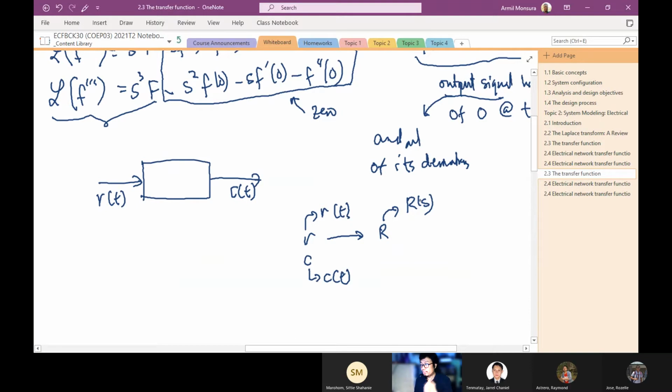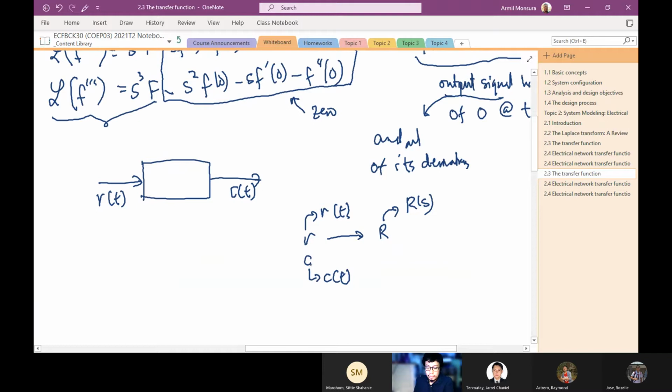So therefore, pwede ko siyang isulat as R of S. Pero to simplify matters and to not make matters more confusing by writing less letters and less symbols, then we can sometimes use R.